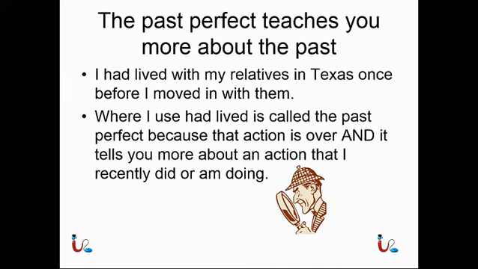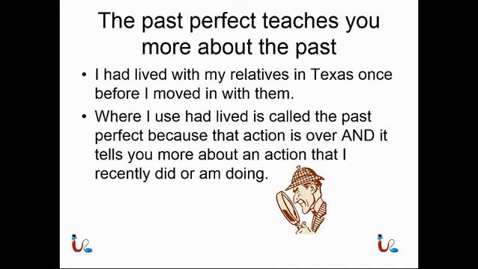The past perfect teaches you more about the past. I had lived with my relatives in Texas once before I moved in with them. In this example, what we're saying is, I had lived. This tells you something that happened in the past with my relatives in Texas once before I moved in with them. So both of these events, I moved and I lived, happened in the past.